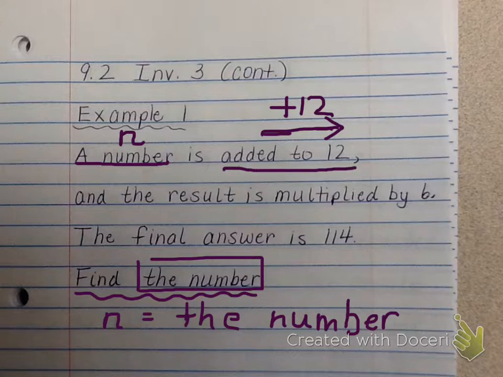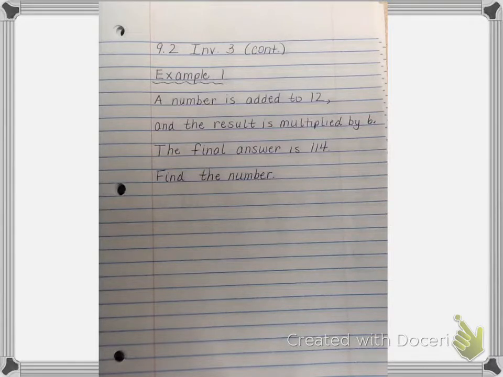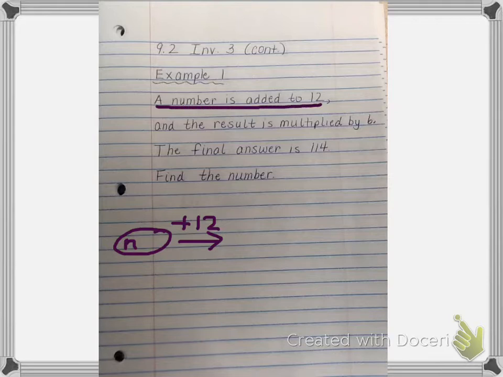A number is added to 12. So I'm going to build a flowchart. Here's my n, and that number is added to 12, or 12 is added to that number. Okay, next, it says the result is multiplied by 6.